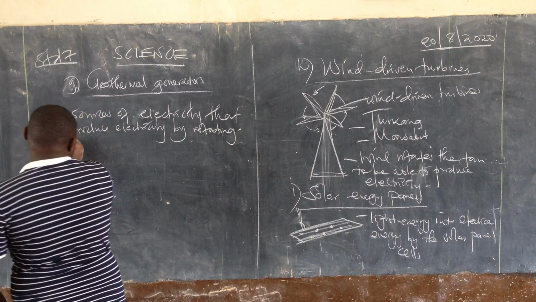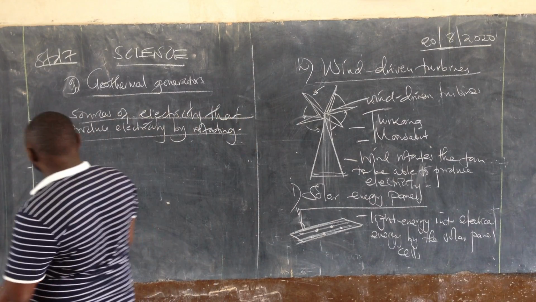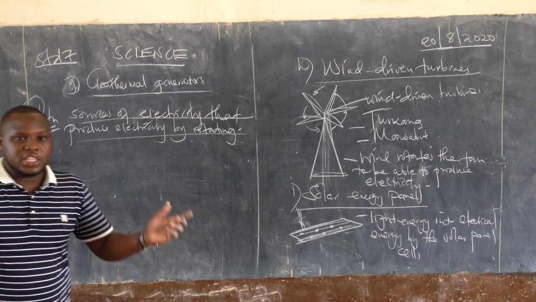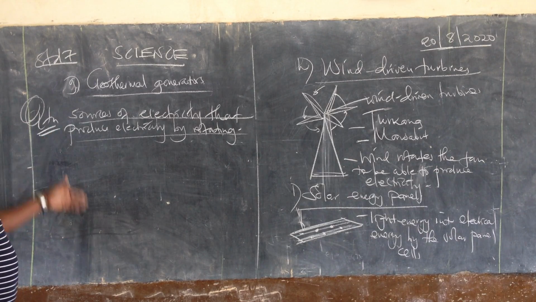This is a question even in KCPE, so I want to just mention it because learners sometimes get it wrong, and it's a very simple question. The ones that we have mentioned that produce electricity by rotating.